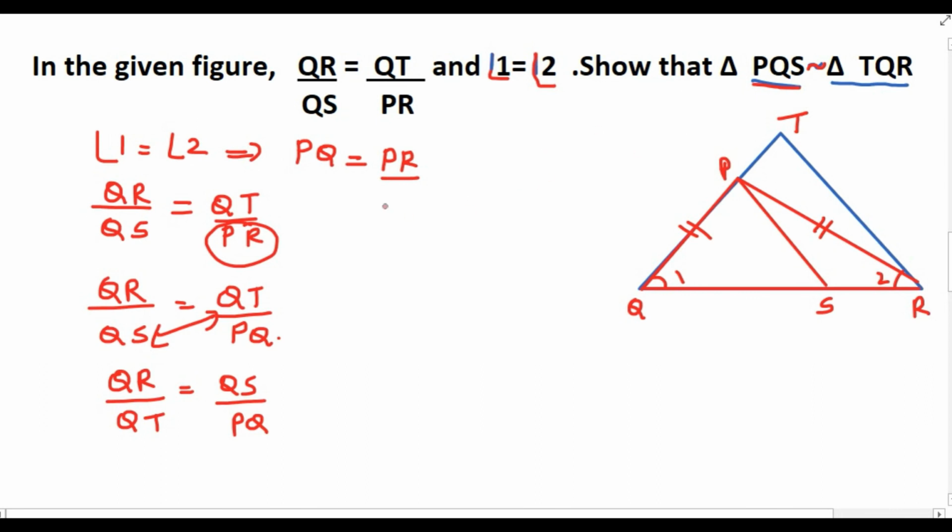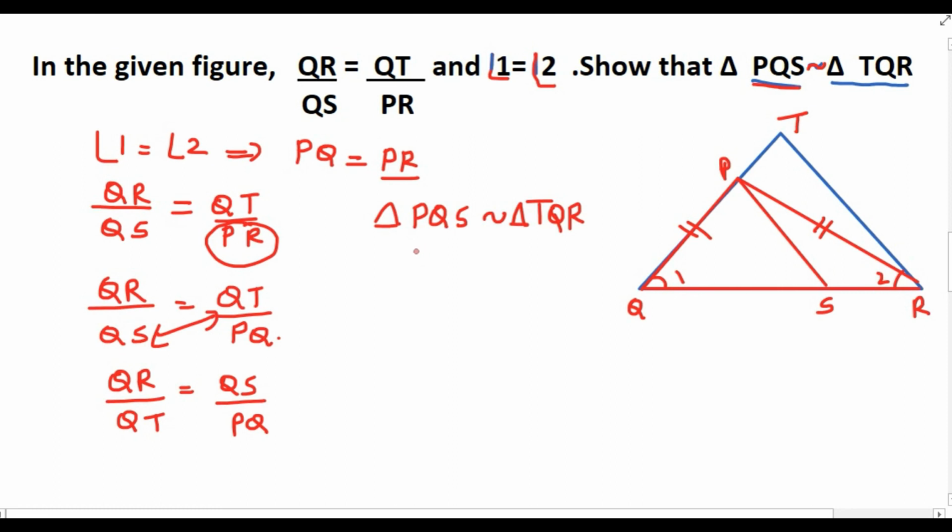Now we need to show triangle PQS is similar to triangle TQR. Either we should use AA criteria or SSS criteria or SAS criteria. So AA criteria it is not possible to use because they have not given the third angle. Again sides also, only two sides are proportional they have given.